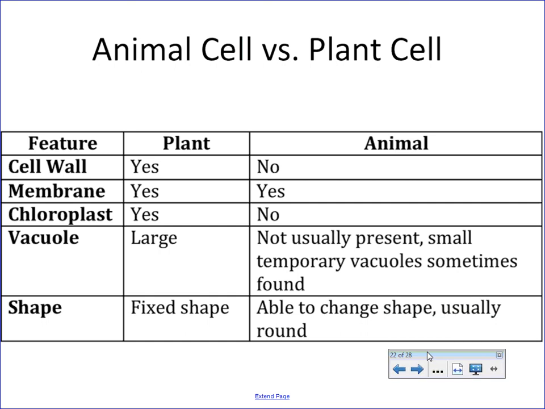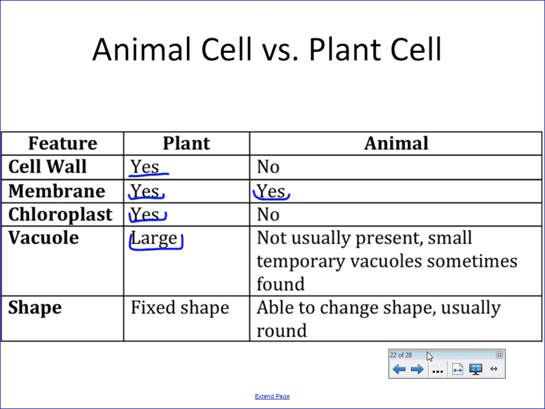So the following chart goes through some of the big differences between animal cells and plant cells. Plant cells will contain a cell wall, whereas animal cells do not. Both animal cells and plant cells do have a cell membrane. Plant cells will only have chloroplasts. They are not present in animal cells.